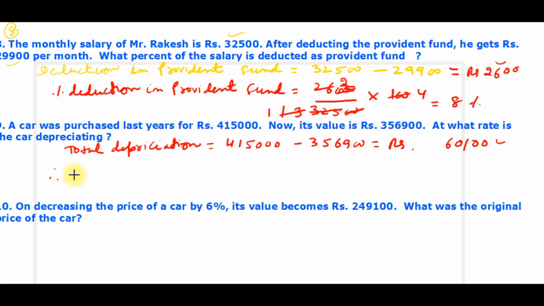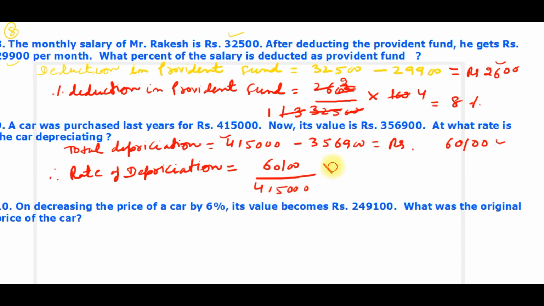Therefore rate of depreciation would be total depreciation 60100 upon original value 415,000 multiplied by 100. So these two zeros cancel this 2 0, this 0 cancels this 0.